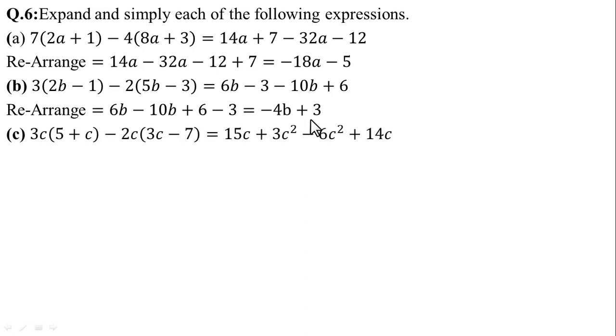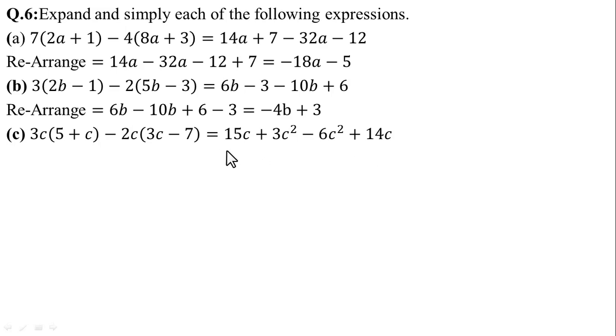In C part, 3c into (5 plus c) minus 2c into (3c minus 7). First of all, multiplying the first bracket, 5 3s are 15c plus 3c square, minus 2 3s are 6c square, minus minus plus 7 2s are 14c.